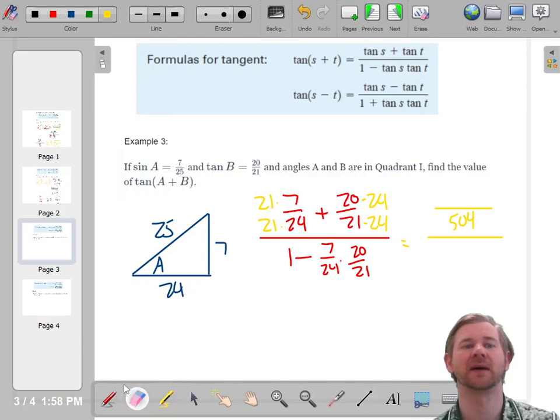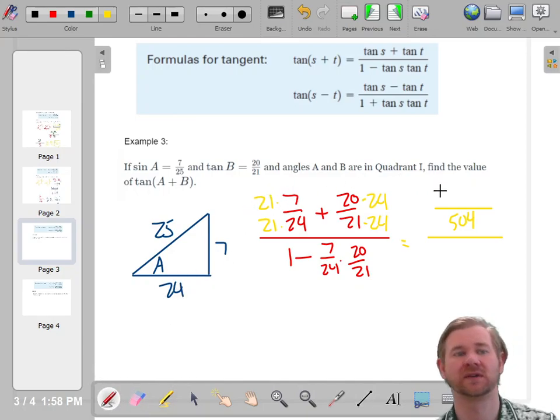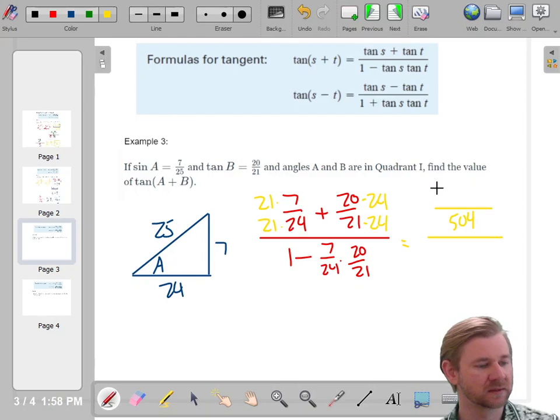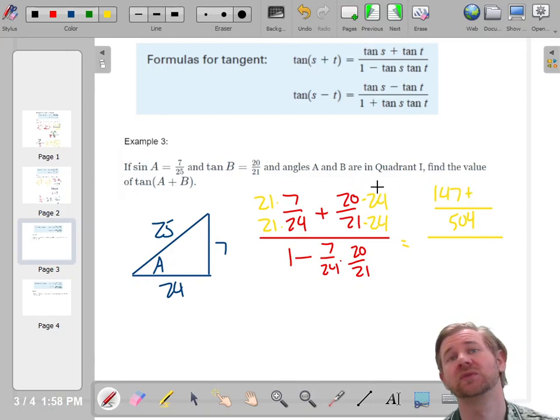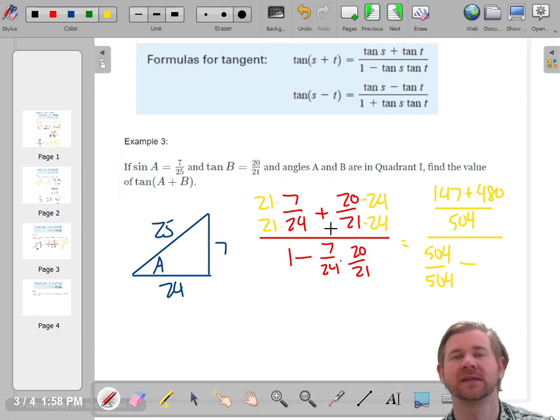And I have to figure out the top. 7 times 21 is 147. So I got 147 plus 480. 20 times 24 is 480. In the denominator, again, I have that 24 times 21, so it's 504 over 504. And I'm going to say minus 7 times 20 is 140 over 504.